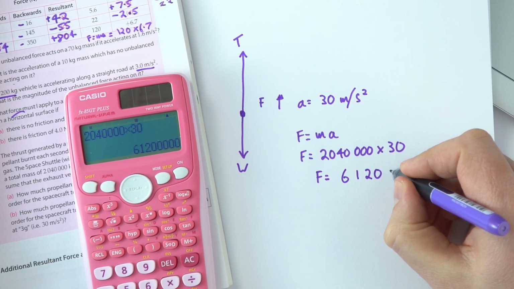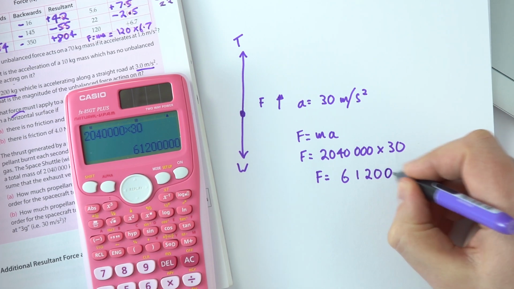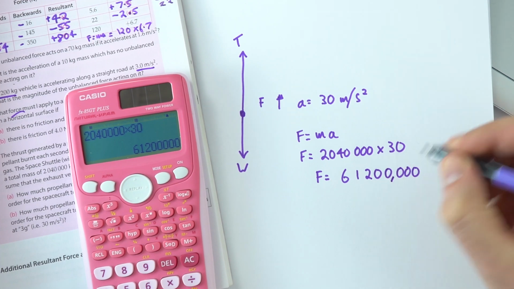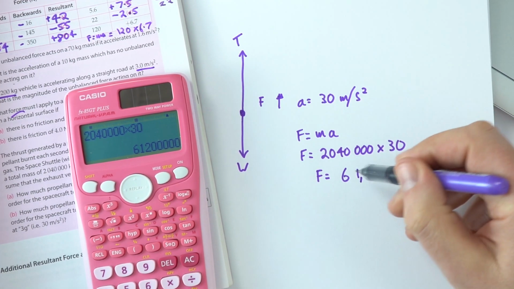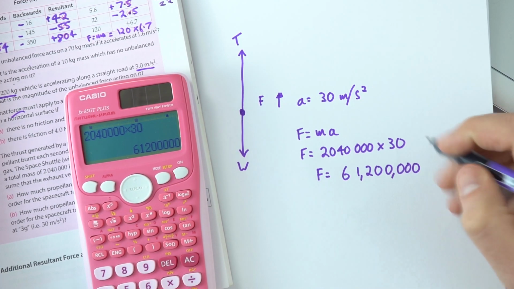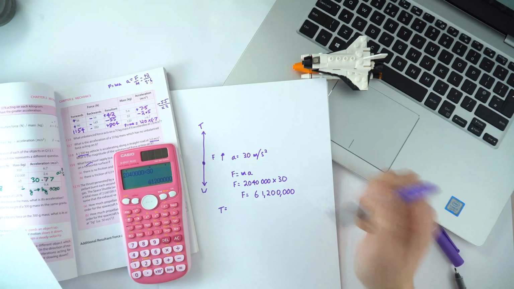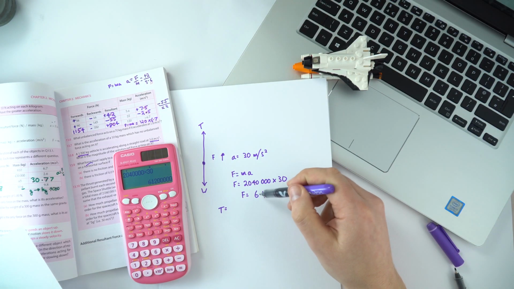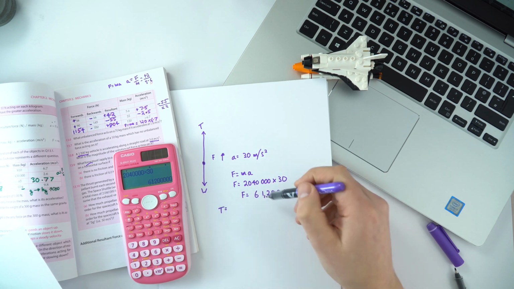There's 5 zeros, aren't there? This is why standard form is quite useful, but I'm just going to keep it at 61,200,000 newtons.